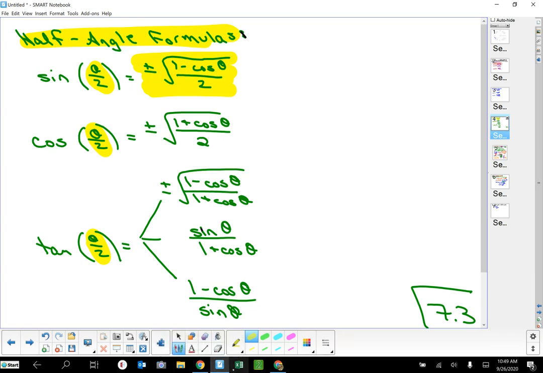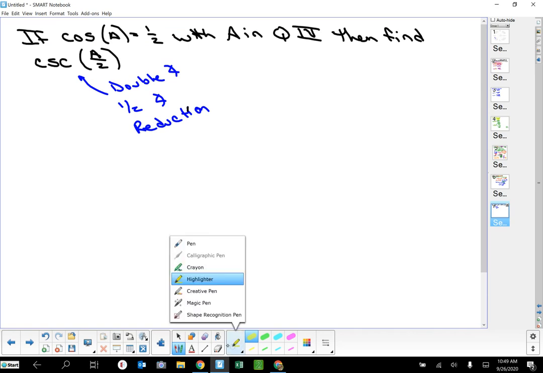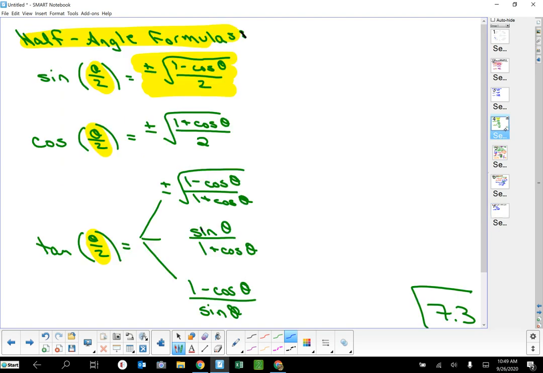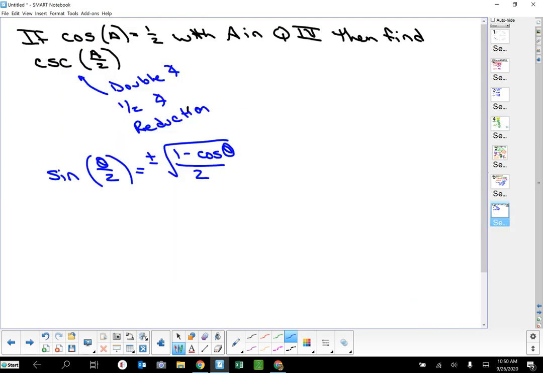So let's take that back to our other screen. So we have the sine of theta over 2 was plus or minus the root of 1 minus cosine of theta, or A in this case, over 2, right? Let me just double check. 1 minus cosine over 2. Okay, because you know signs can make a big difference, right?